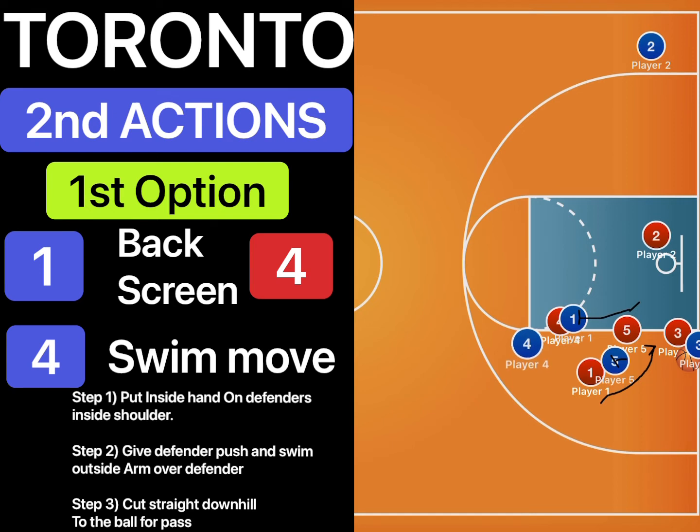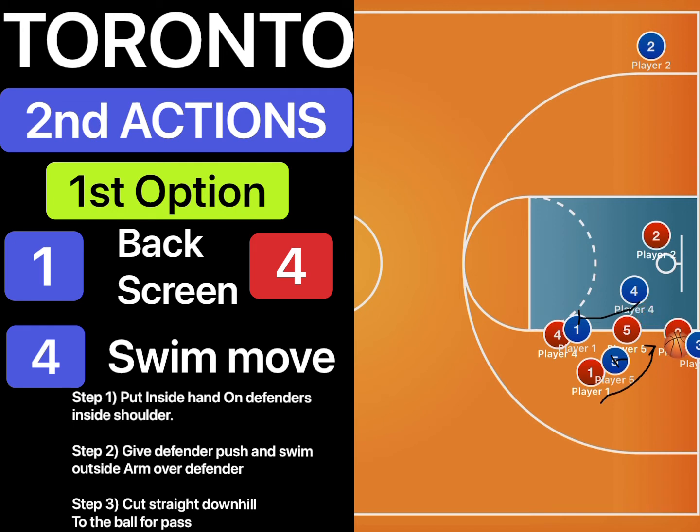At the same time, four's got to adjust and come in and put her left hand on the right lower shoulder arm area of her defender, and swim, doing a push. The push will push this player out. If you're strong enough, you'll actually move the player a little bit and be able to go straight down for a pass right there. Okay, that's the first option we're looking for.